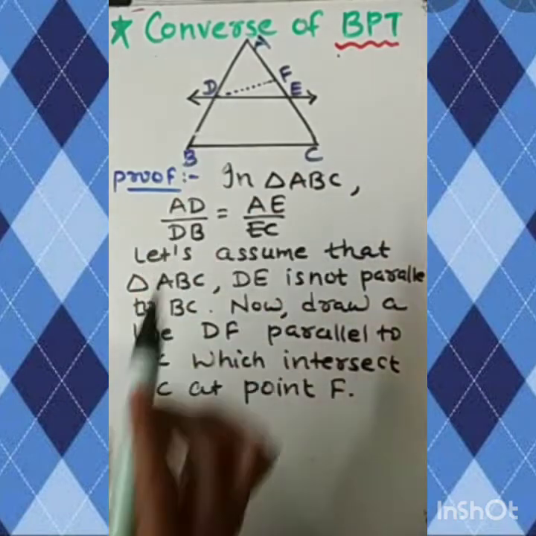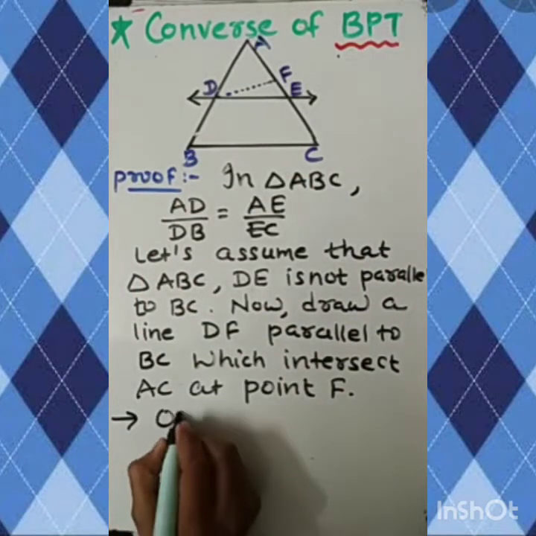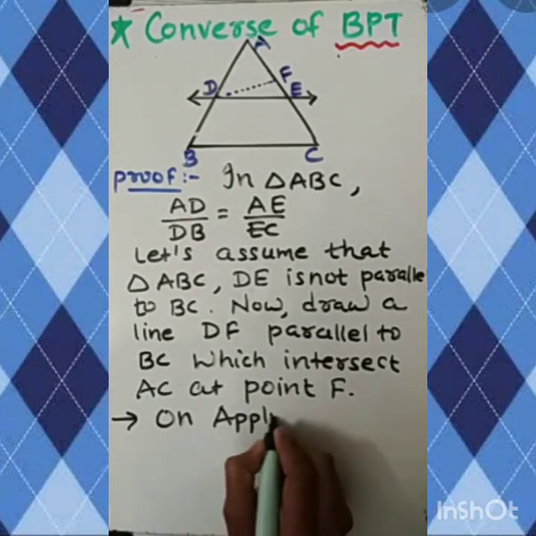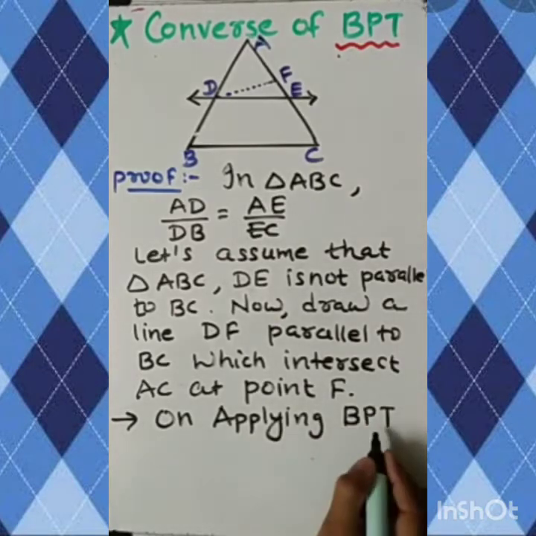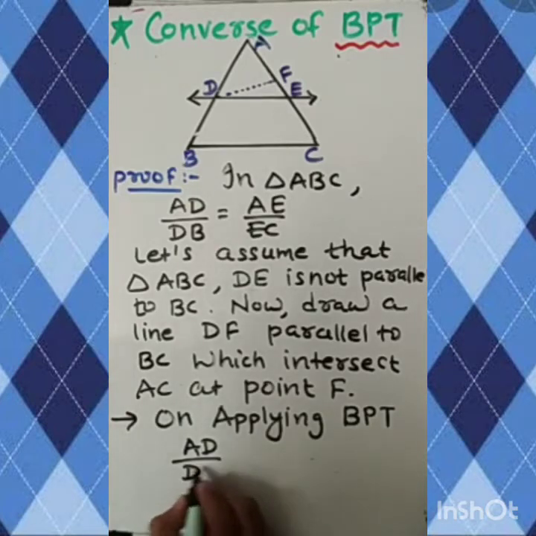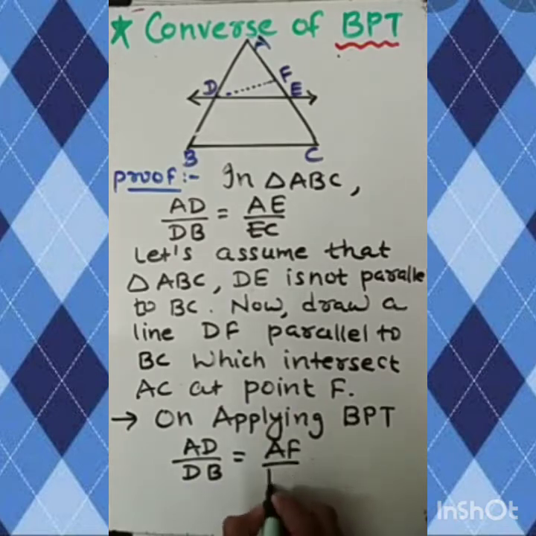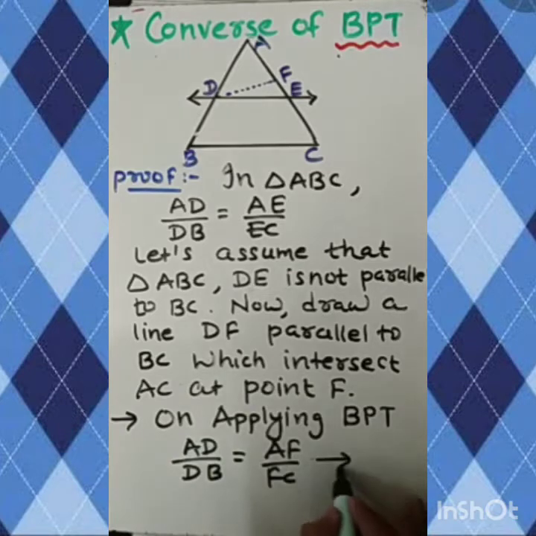Now applying BPT, the basic proportionality theorem, what do we have? We get AD upon DB equal to AF upon FC. Let's call this result number 2.